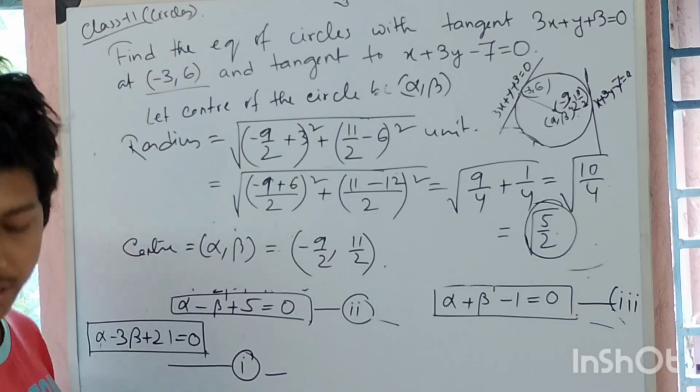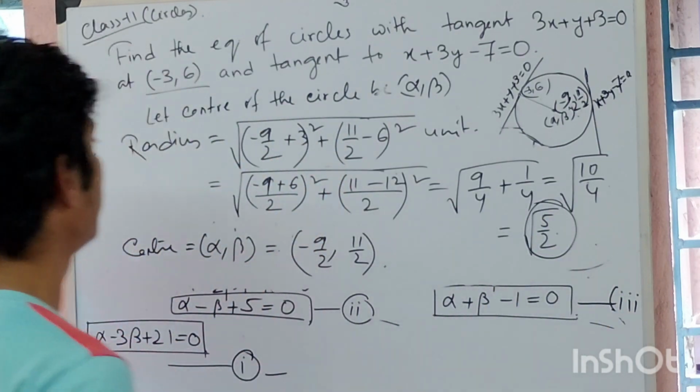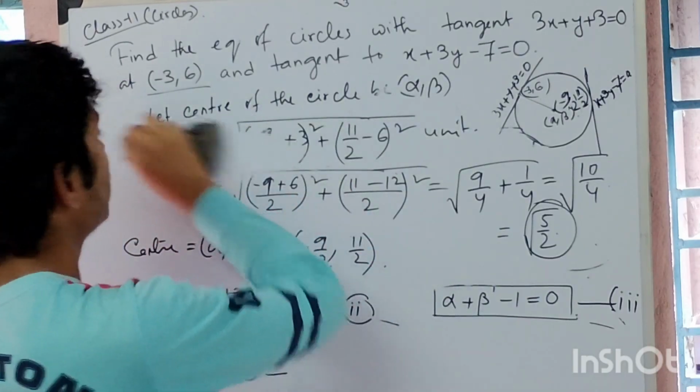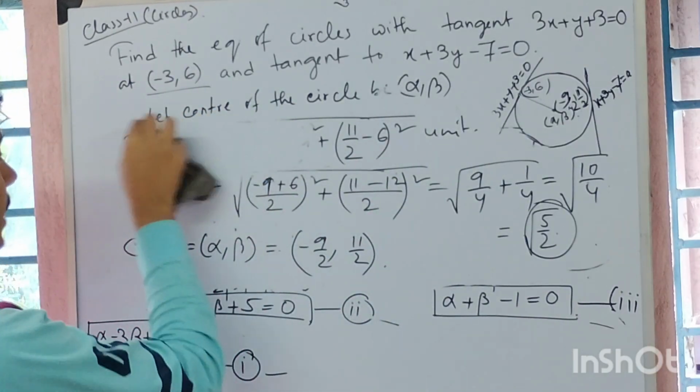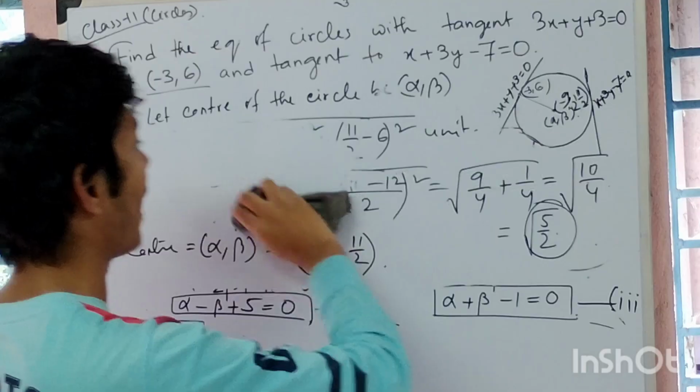Now what is the equation of the circle? This is the last thing I am writing.